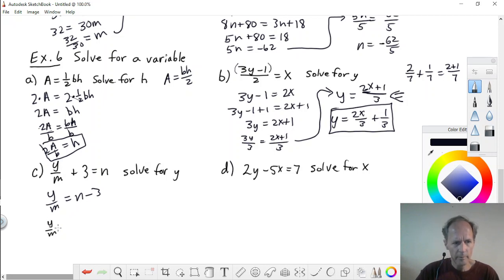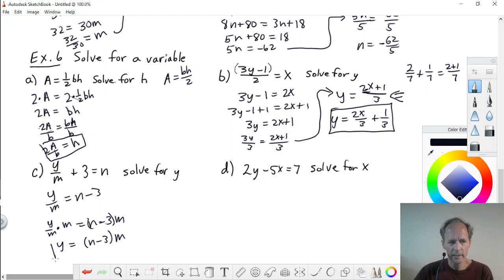Y over m times m equals n minus 3 times m. And over here on the left, you just get y, and on the right, you can write it in either order. The n minus 3 has to stay in the parentheses times m. Or you could write the m out front, and then n minus 3. Either way.